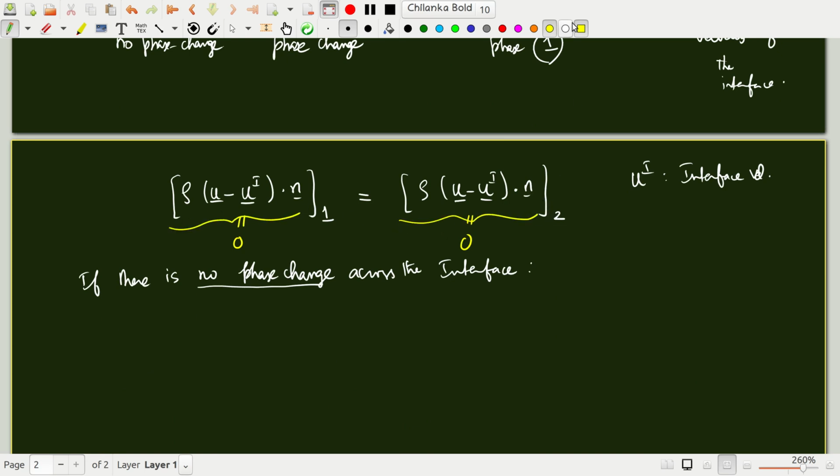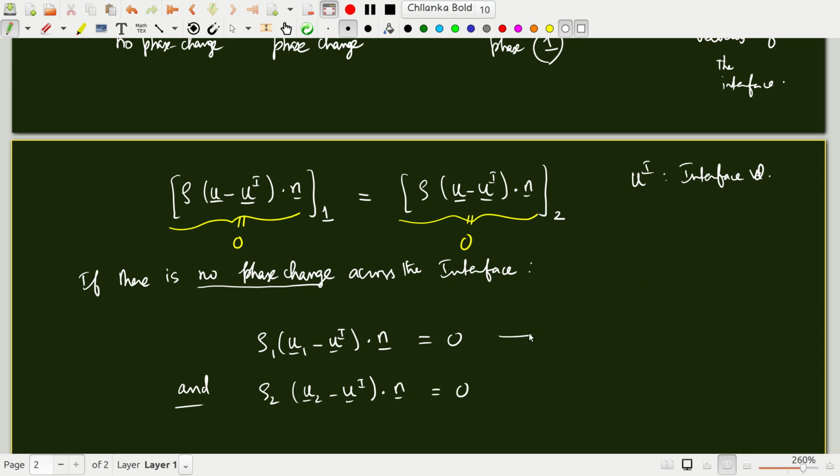That means that rho 1 times (u1 minus ui) dot n is equal to 0, and rho 2 times (u2 minus ui) dot n is equal to 0.